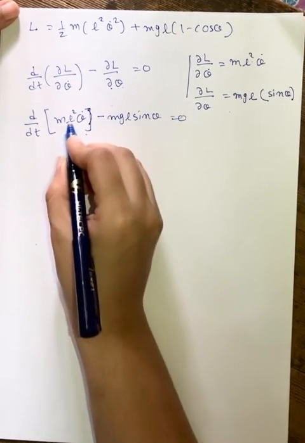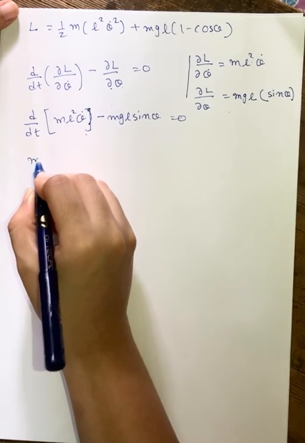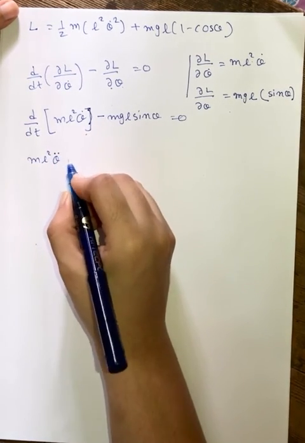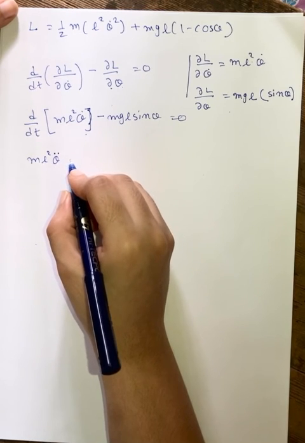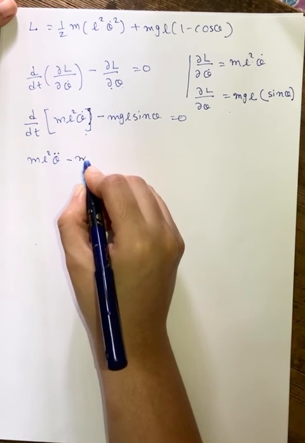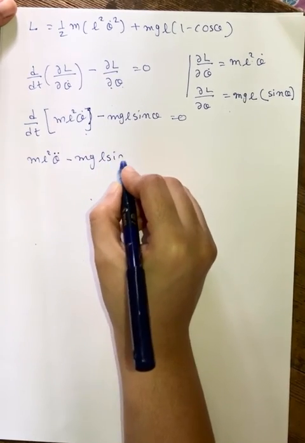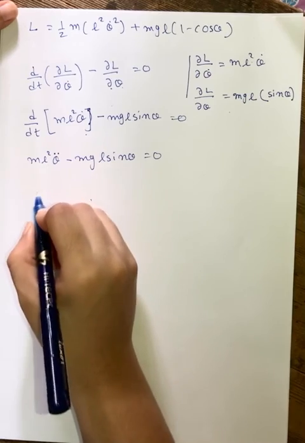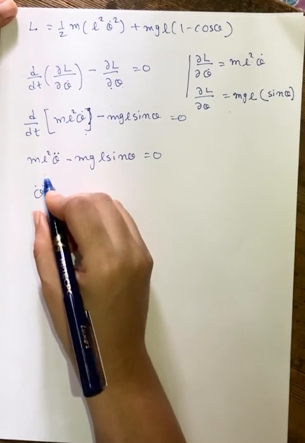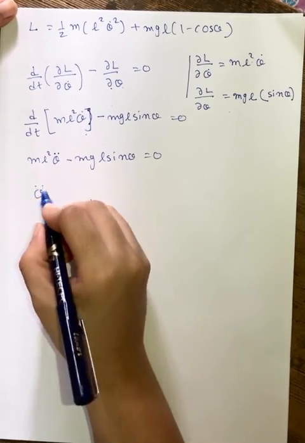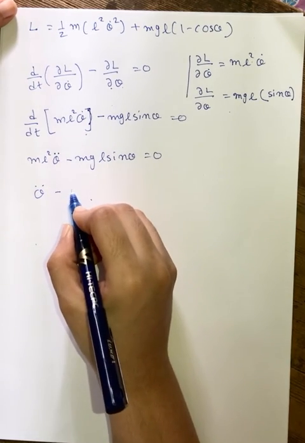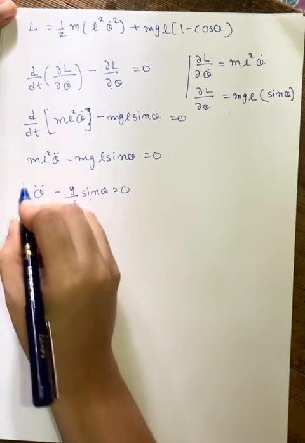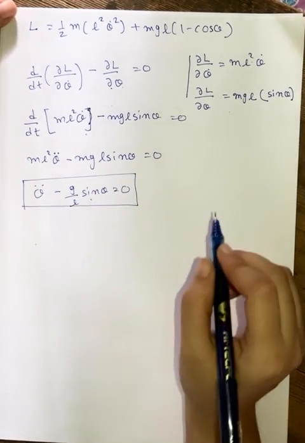D by dt of this: m is constant, l is constant, so you have ml square theta double dot minus mgl sine theta equals 0. You take ml square common, so theta double dot minus g by l sine theta equals 0. This is the equation of motion generally.